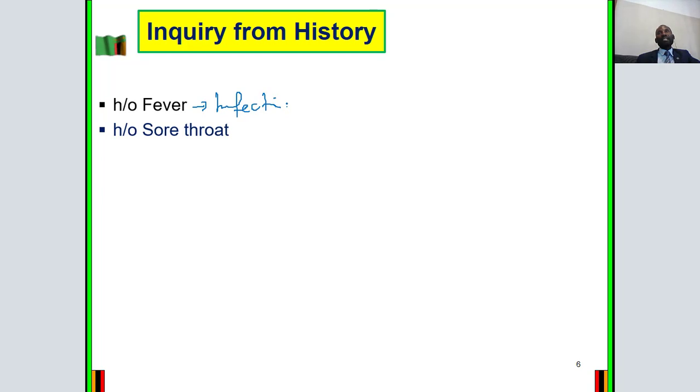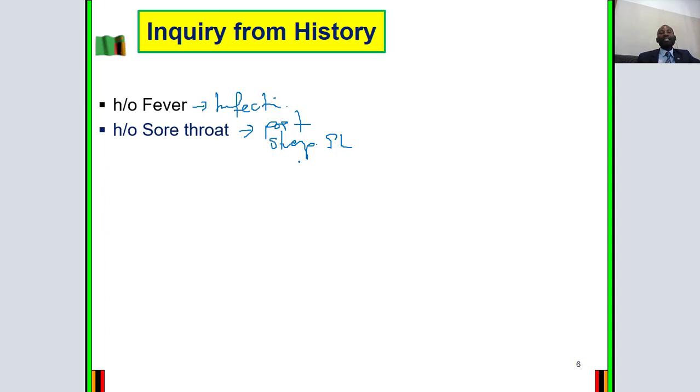Because this patient that we are discussing denied to say, I have that history of sore throat. But if it is not cited in the scenario, it's very important to ask about sore throat. Because sore throat, I'm having in mind that it may result into what is called post-streptococcal glomerulonephritis. Okay, that's why I'm thinking about that.